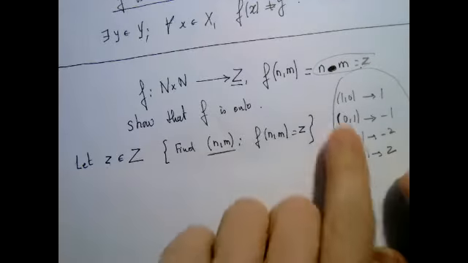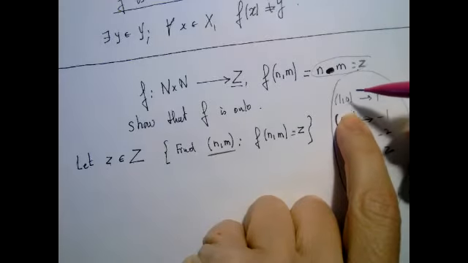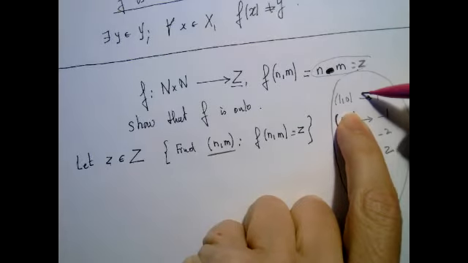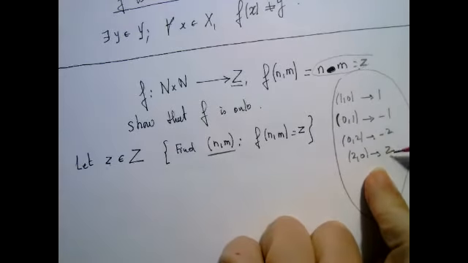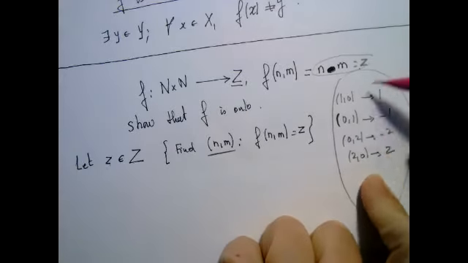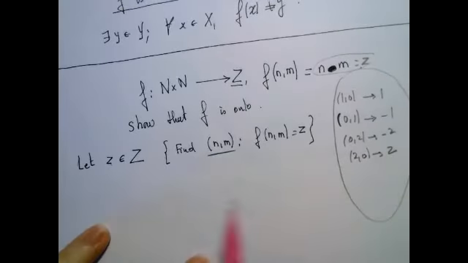I want you to look at this picture. If I give you Z 1, we're mapping 1, 0 to it. If I give you Z -1, you're mapping 0, 1. If I give you Z -2, 0, 2. Look at this picture to see if you can generalize the idea. Anyone?